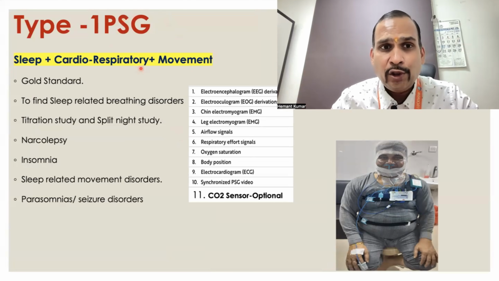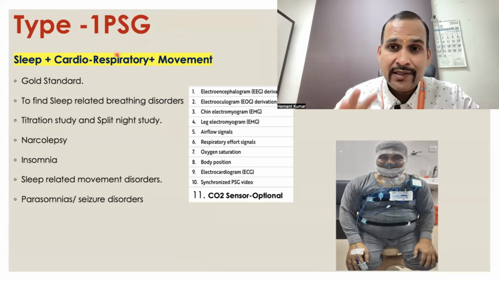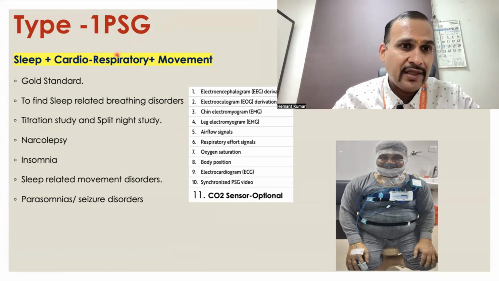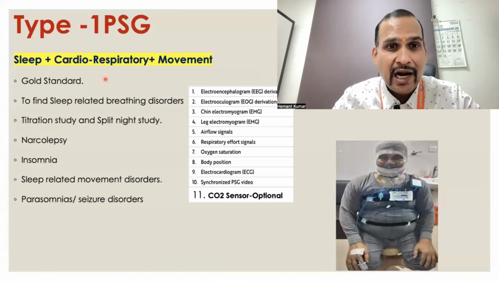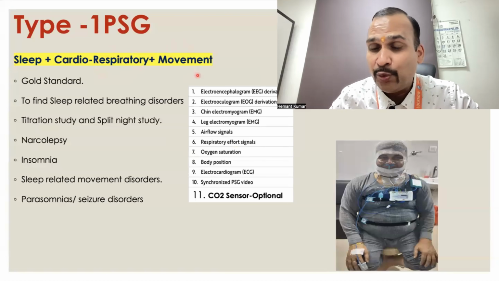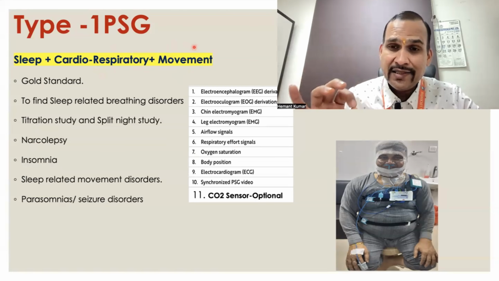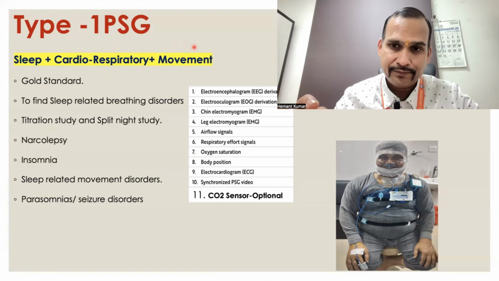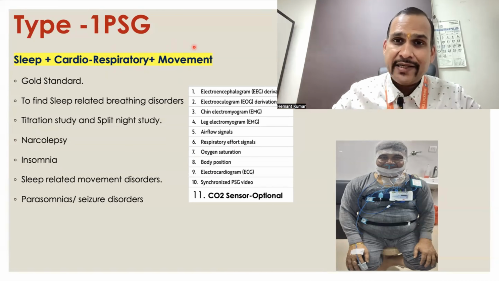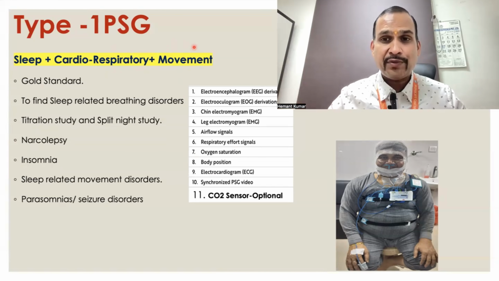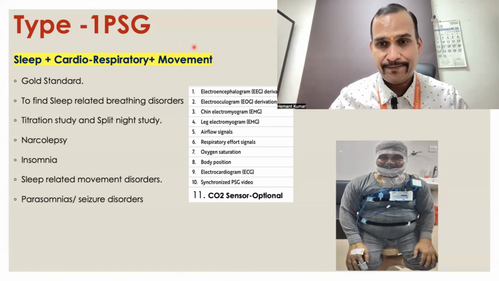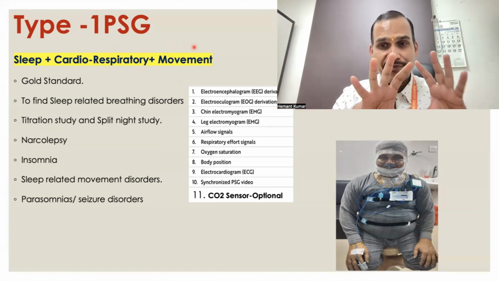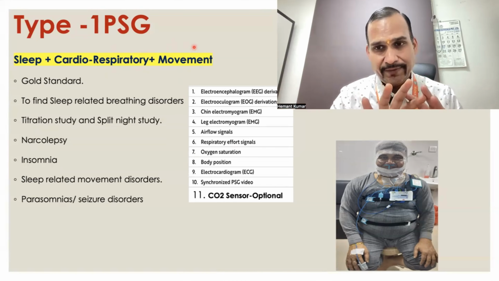In type 1 polysomnography, we are seeing sleep parameters, cardiorespiratory parameters, and movement. Another thing is it is done in hospital only. There is a dedicated technician observing the patient the whole night, and there is video recording of that patient.